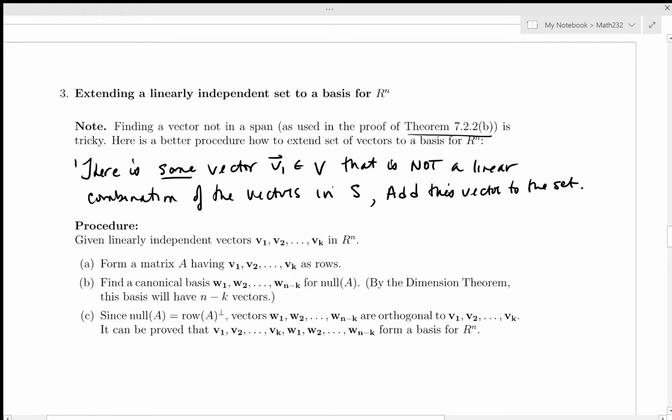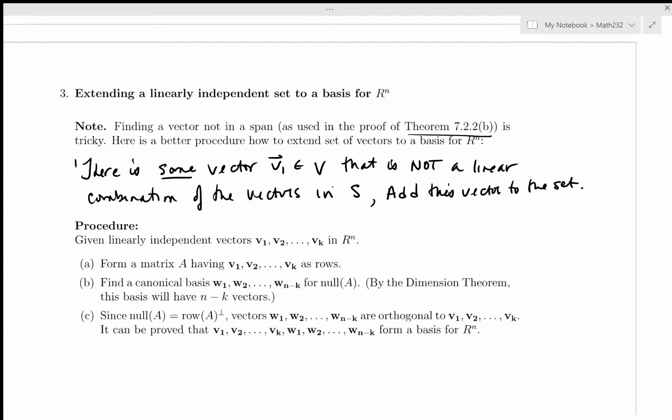So you can imagine if I'm, say, in R5, and I say to you, here are 4 linearly independent vectors. Find a 5th vector to make this into a basis for R5. How do you select that 5th vector so that you're ensured that it is linearly independent? So that's what we're going to talk about here.